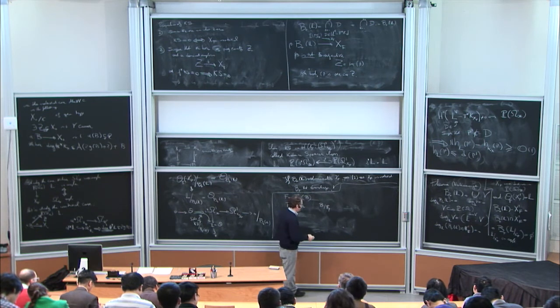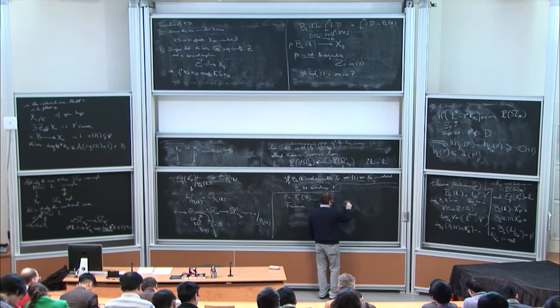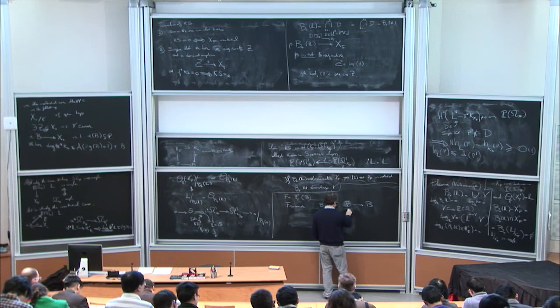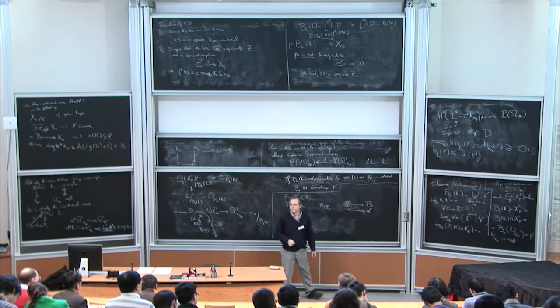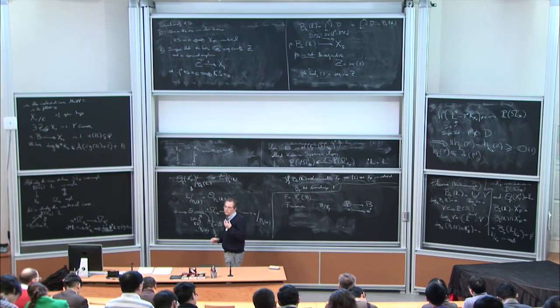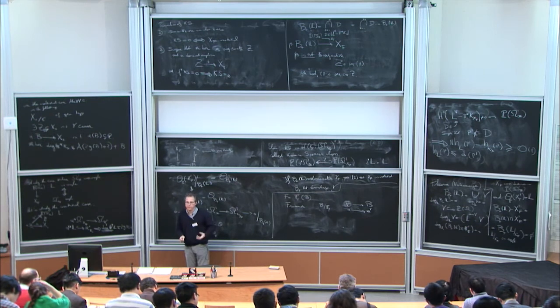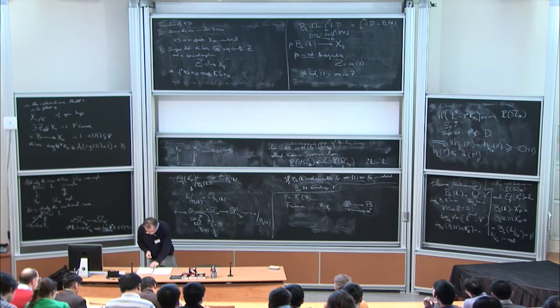Frobenius is just a map from B to B, which associates to an element a the element a to the power p. So it is the identity on the topological space, and on the sheaf it is the p-th power.